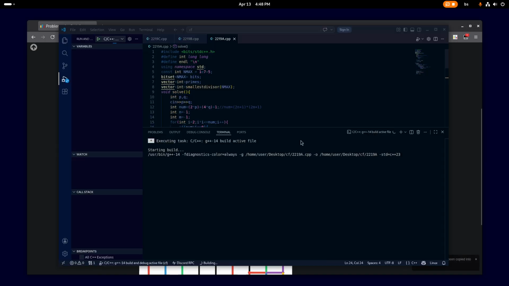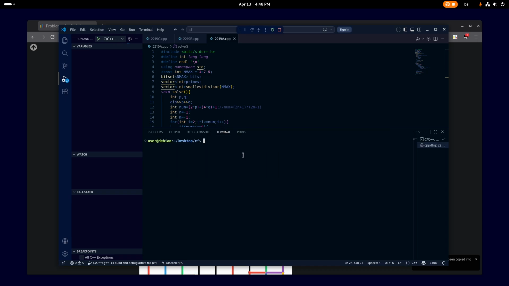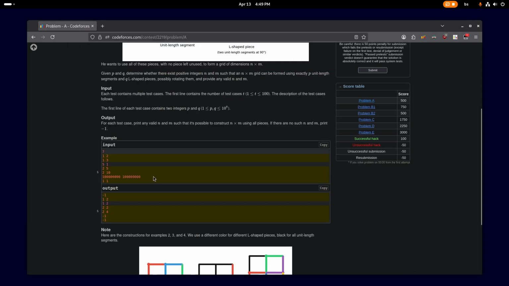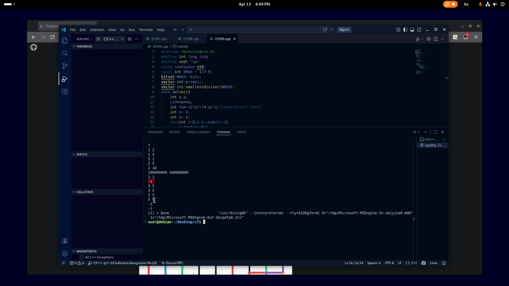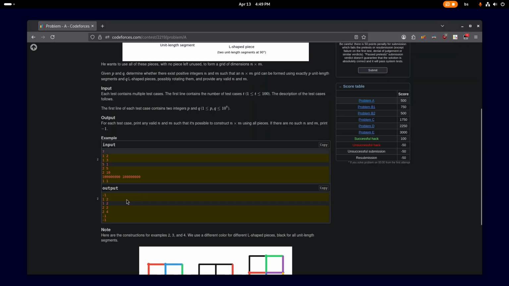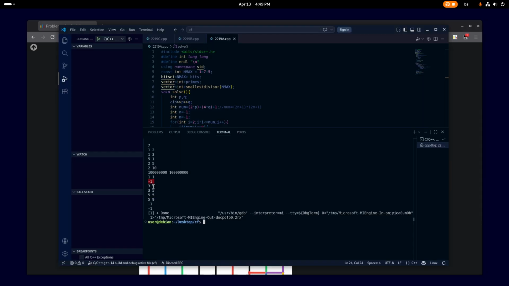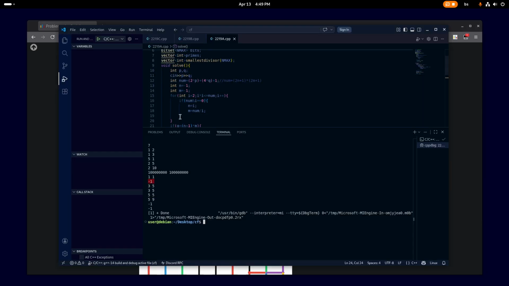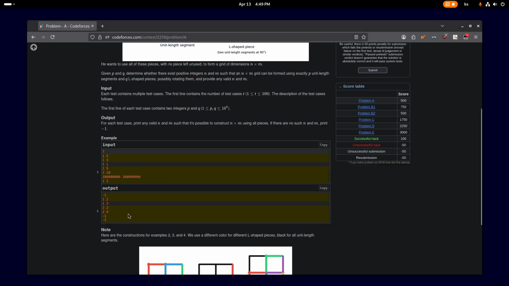Now, let's check samples. Oh, okay. -1. I think this is almost correct.